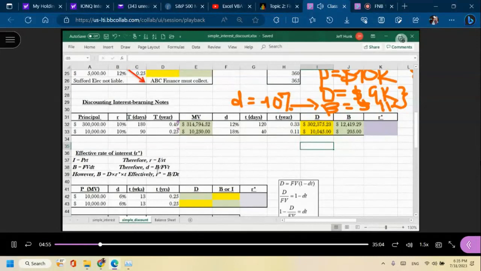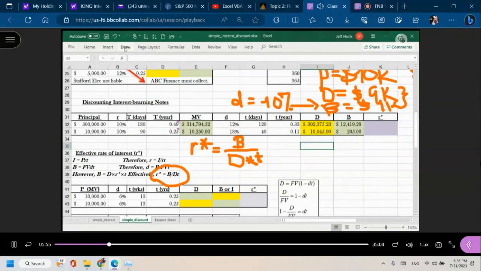The effective interest rate, with the symbol R star, is always B over MV times T: whatever the bank took, over whatever you actually got, which is the proceeds, times T. Please bear with me, this is not my handwriting.